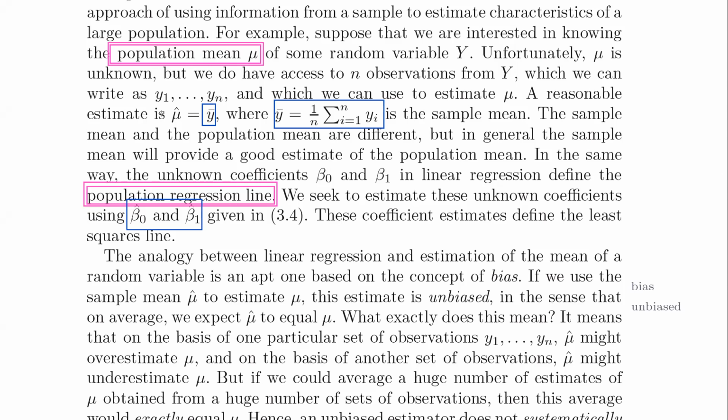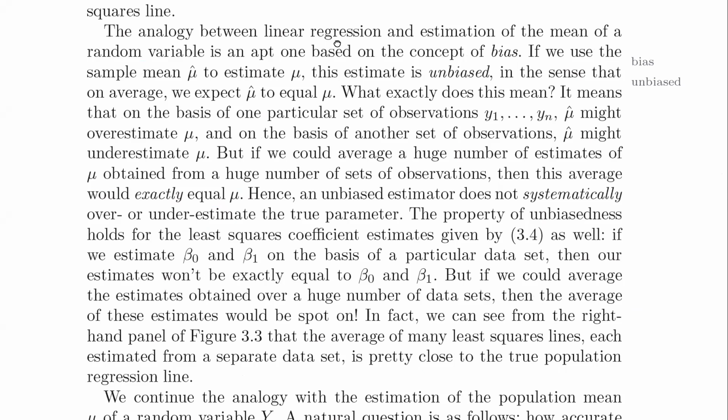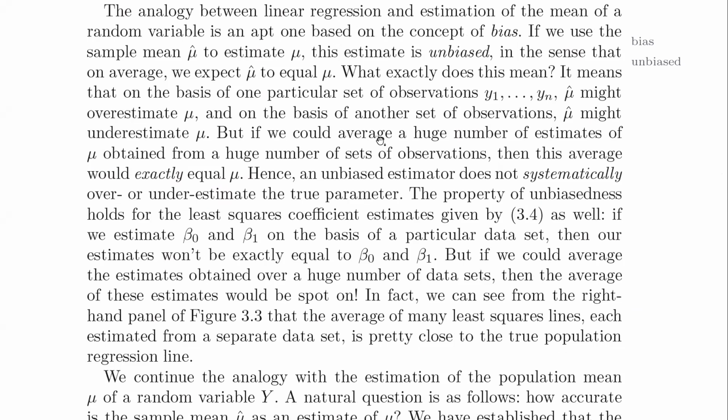The analogy between linear regression, which is what this whole chapter is about, and estimation of the mean of a random variable, which is basically what O-level secondary school is about, is an apt one based on the concept of bias.